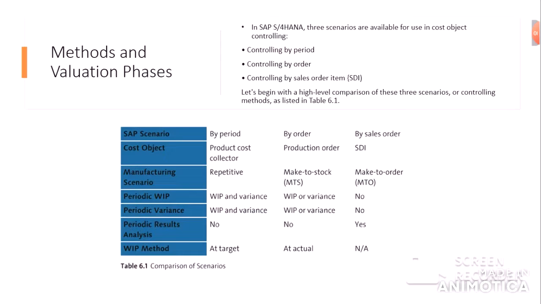By sales order, there is no work in process or variance. Work in process and variance are the same for period and order. Periodic results analysis applies only for sales order. The work in process method will be at target by period, at actual for order, and is not applicable for sales order.